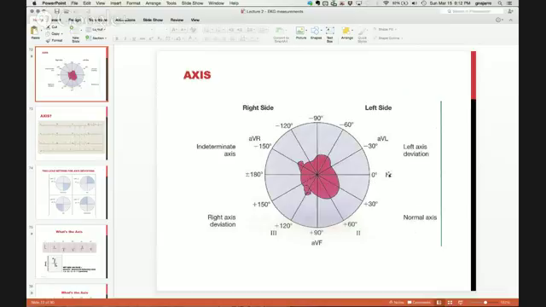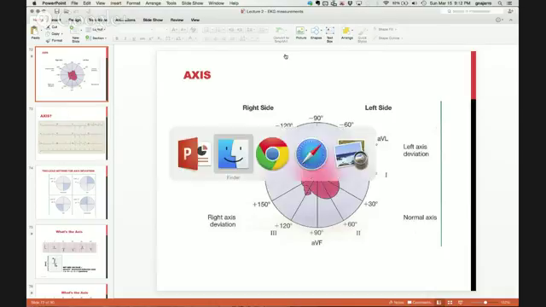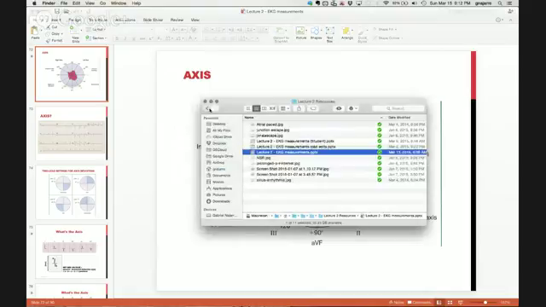Right to left for lead 1, from your right side of your body to the left side of your body, meaning the negative portion of the lead is here and the positive portion is here. And AVF points from the top towards the bottom. So let's draw an arrow. Actually, let me just pull up their talk real quick.